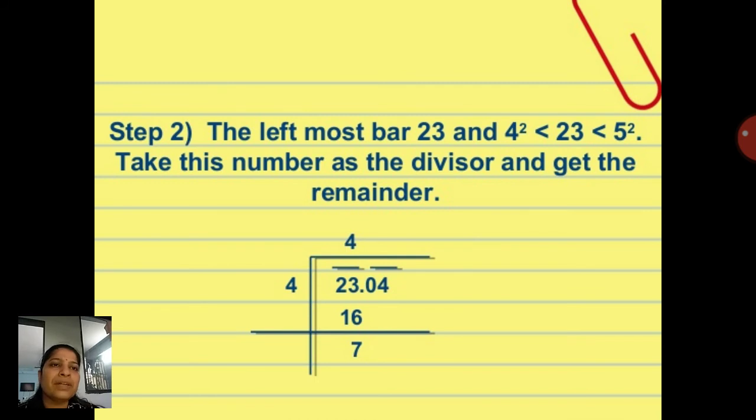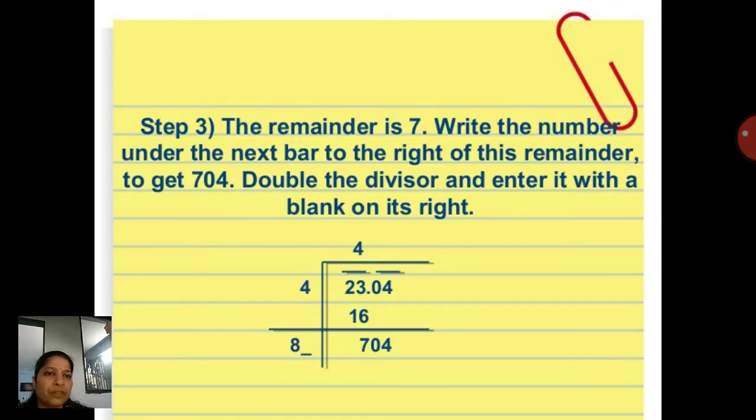For 23, we take the first square number nearer to 23. As the square of 5 is bigger than 23, we go with the square of 4. 4 times 4 is 16 and 7 is the remainder. Now we bring down the pair 04, and the number 7 becomes 704. Adding the unit place 4 with 4, we get 8.